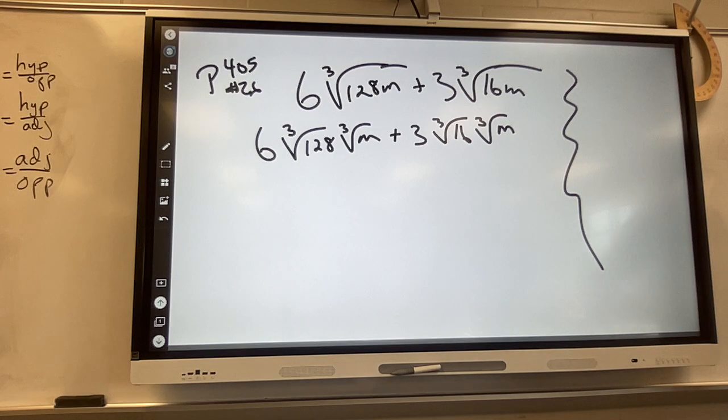A little while ago, we did the cube root of 8 was 2. Somebody has a calculator handy. Please tell me if 8 goes into 128. How many times? 16. It goes in 16 times.